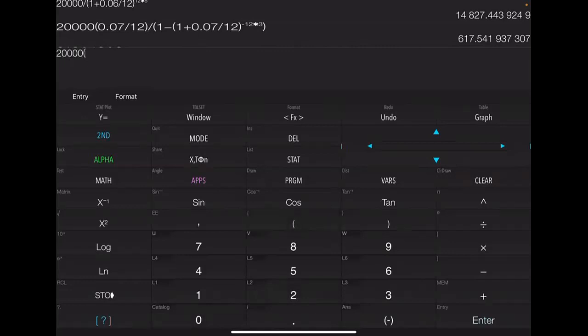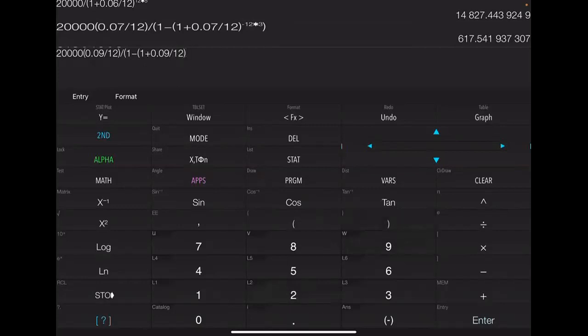Okay, so I'd rather insert the information again. 0.09 divided by 12 times, and then divide by 1, subtract parentheses 1 plus 0.09 divided by 12.